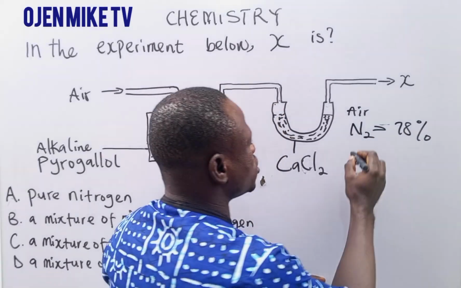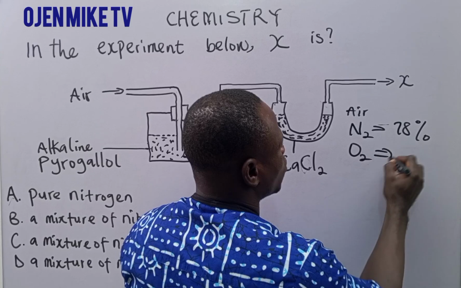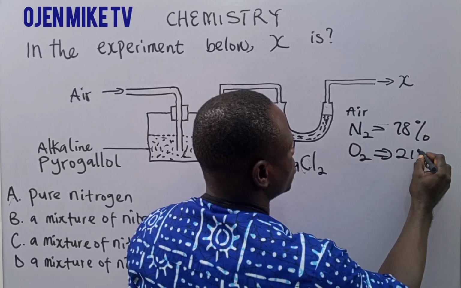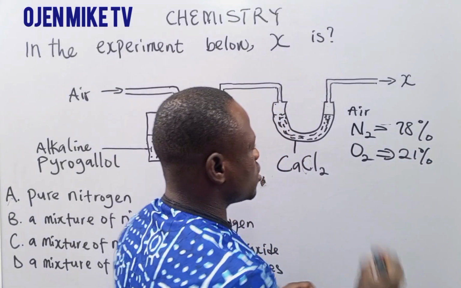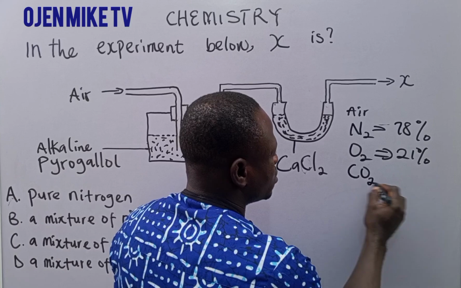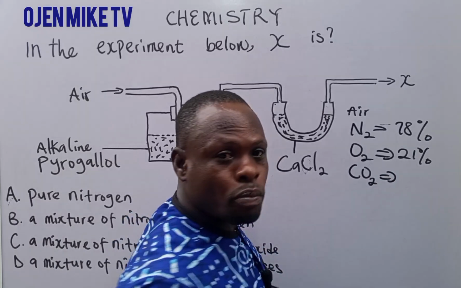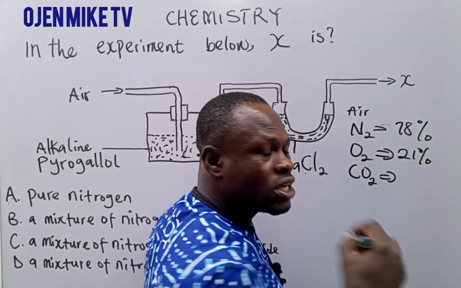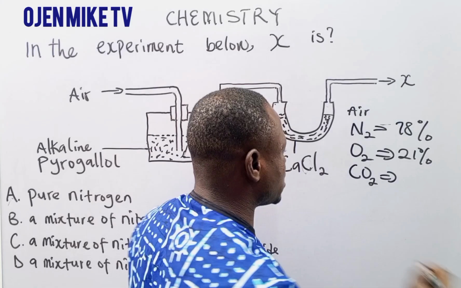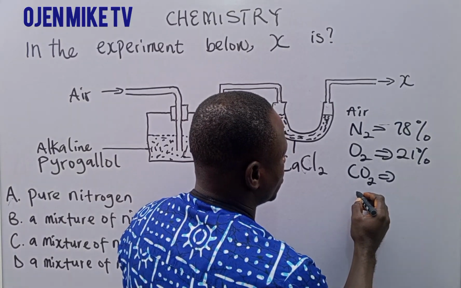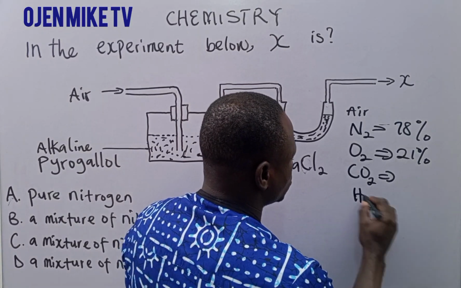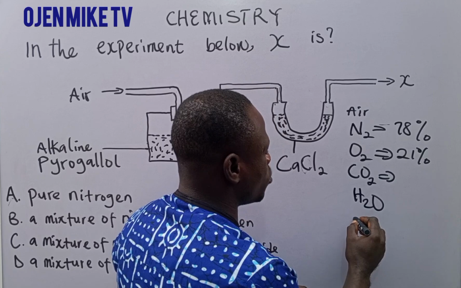We have oxygen, which occurs at 21%. And the rest, we have carbon dioxide, about 0.002%, we have water vapor, and we have noble gas.